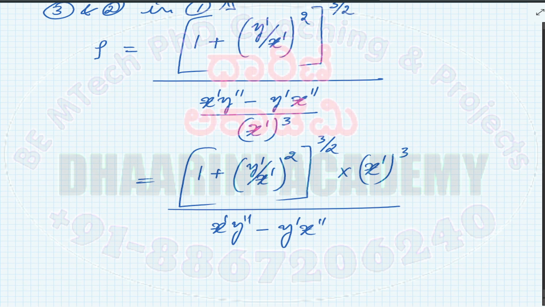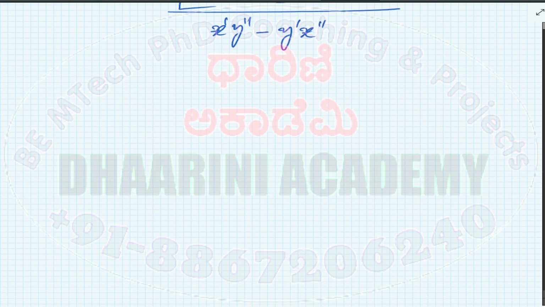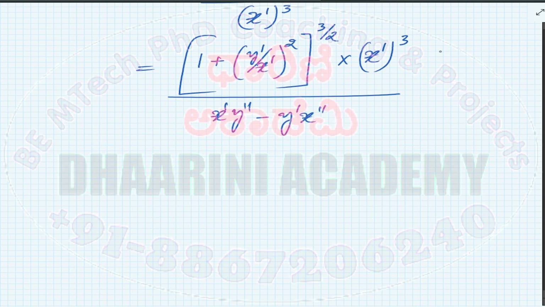Okay, now in the next step, our intention here is to simplify if possible. So what I try to do here is I'll try to take a common denominator in the numerator, and let's try to simplify that. Okay, what happens now?